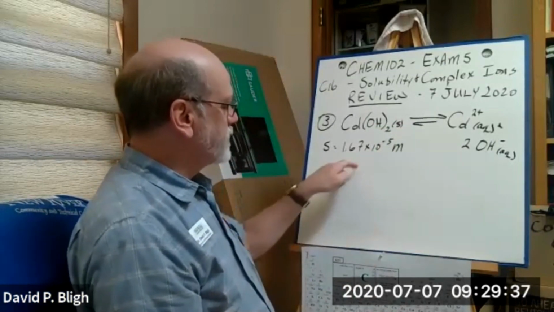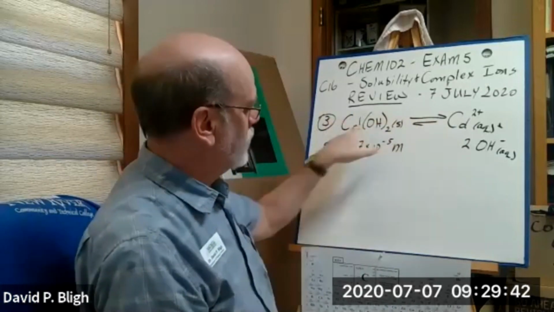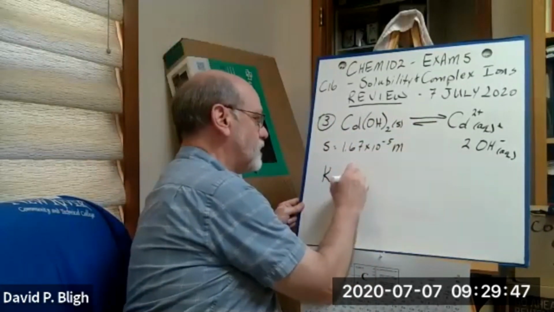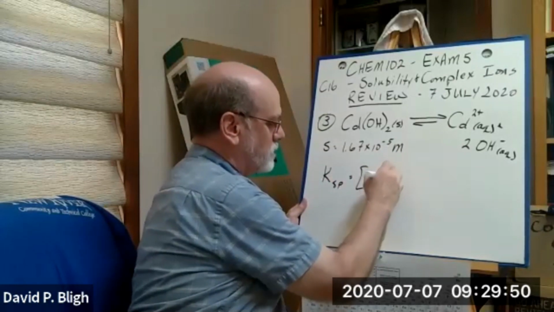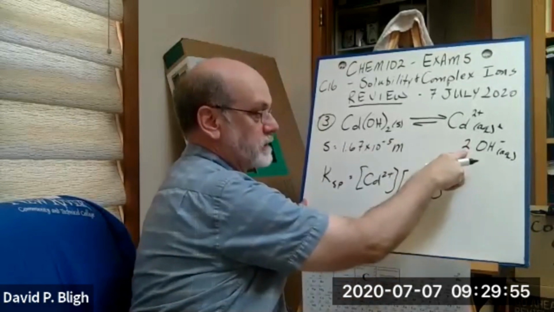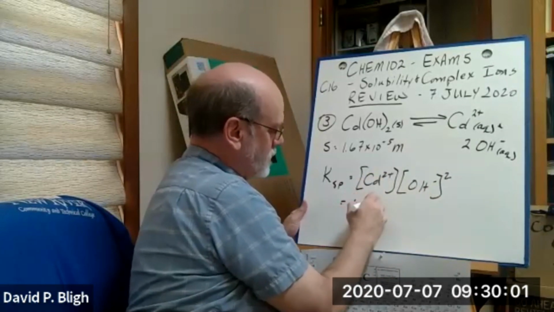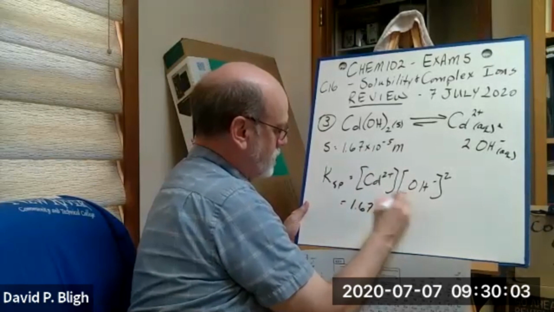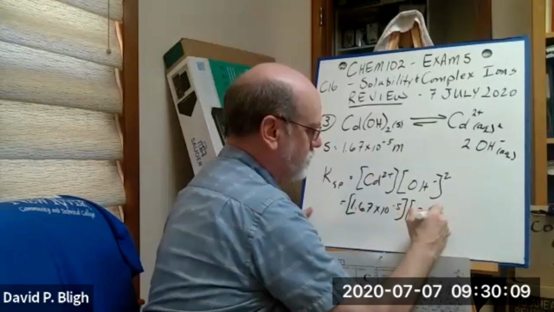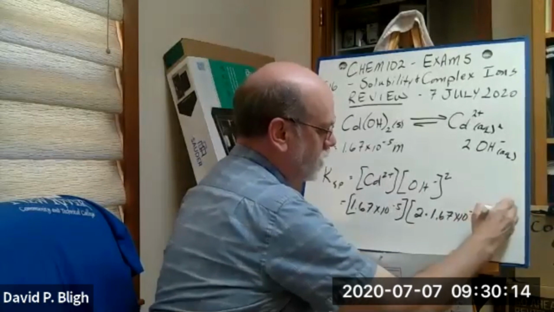So if we let solubility be S, how much of this disappears, then it shows up over here as the same amount on this side. That means that's S. Squared, right? So if this is S, that means that one is here, and 2 times that one is here. Squared.